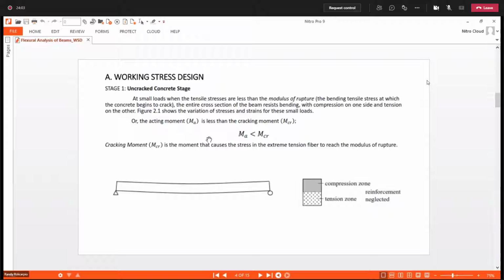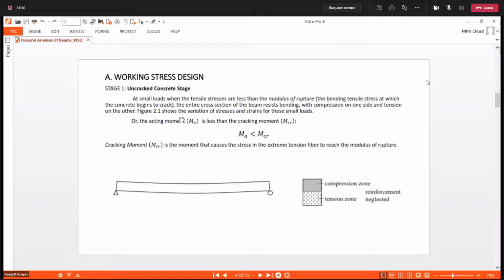If you're going to compute this, like what you did in theory 1 or mechanics of deformable bodies, you determine the maximum moment. You may use the area method: get the shear first, then get the moment, then determine the maximum moment.